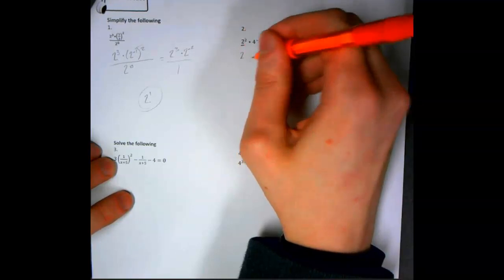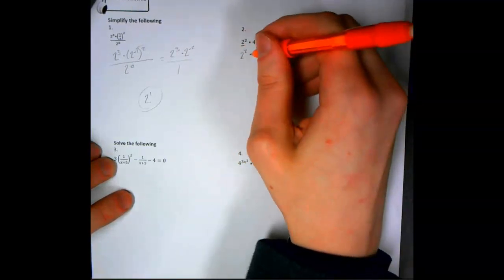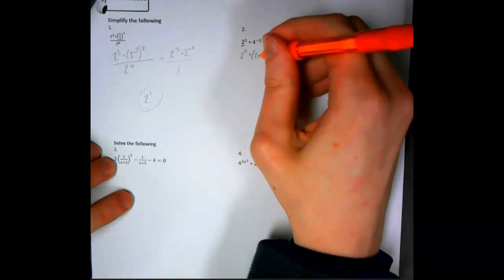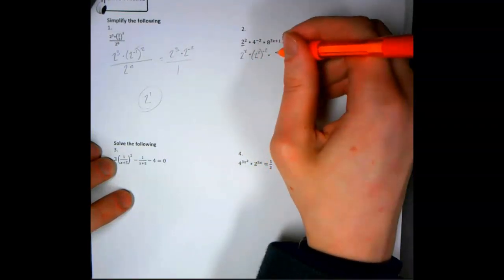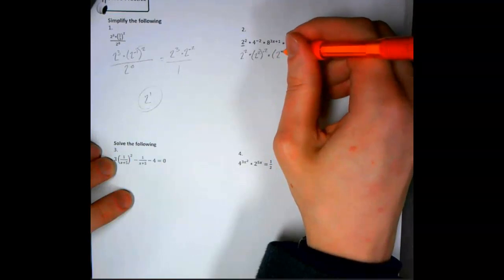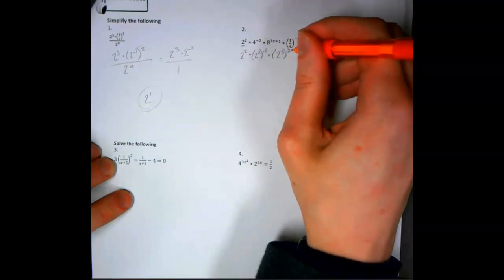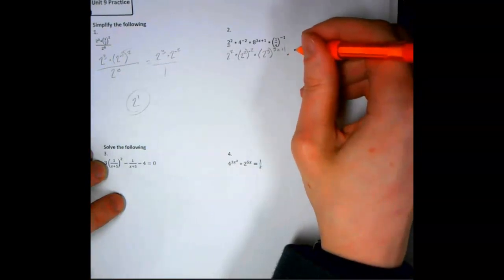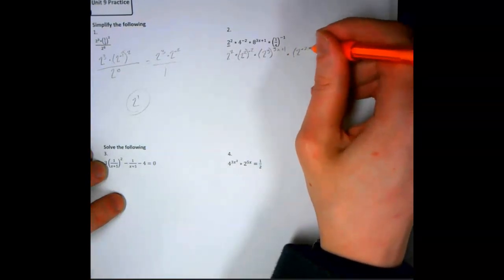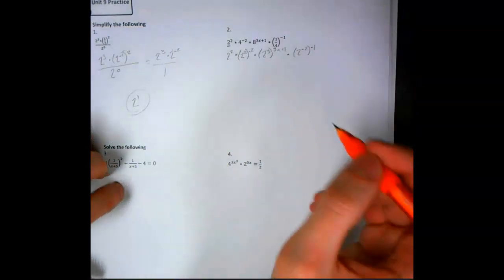So we're going to make sure that they all have base 2. So I'll have 2 squared to the negative 2 times 2 to the third, 3x plus 1, times 2 to the negative 2, negative 1.